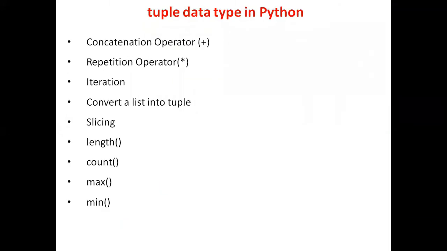Next, these are some of the operations you are going to perform on tuples. The first one is the concatenation operator. You take any two tuples and combine them with the help of plus.